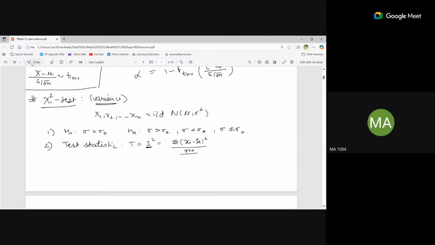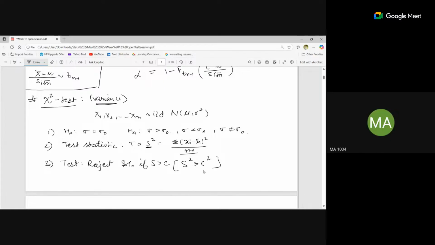Now, what will be my test? Reject H naught if S is greater than some C, which is the critical value. Or you can say if my S square is greater than C square.